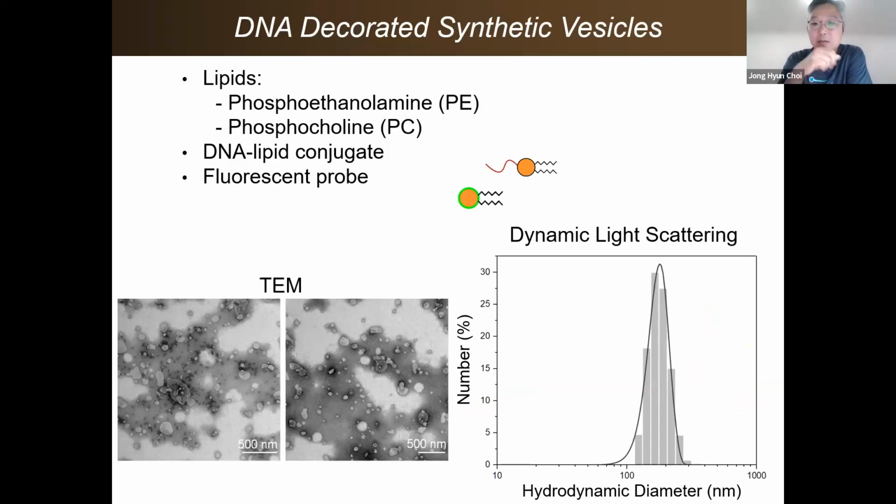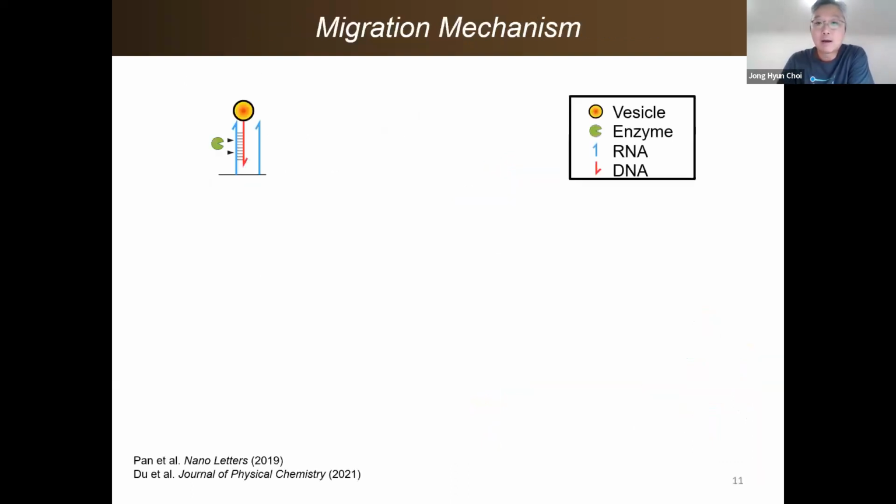As you see, TEM and DLS measurements indicate that the average diameter is roughly 200 nanometers, although there's some distribution. The way we designed it, the vesicle has a number of DNA walkers, shown in red, but only one is shown in this cartoon.